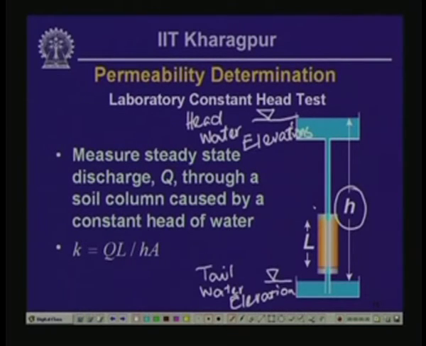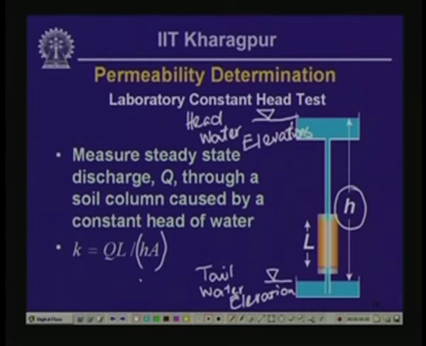In this case, the permeability is simply given by the flow through the specimen in meter cube per second, multiplied by the length of the specimen, over the head loss multiplied by the cross sectional area of the specimen.